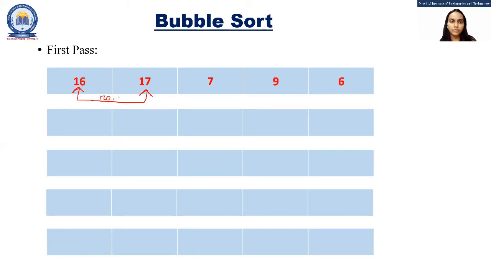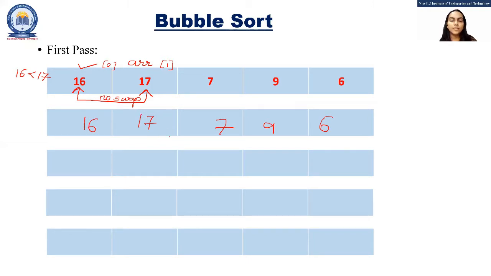So whether the first element, if this array is ARR, that is ARR of 0, is less than ARR of 1? If it is less, we don't have to do anything. But if ARR of 1 is greater, we have to swap it, right? So in the first step, both stay at their own positions.